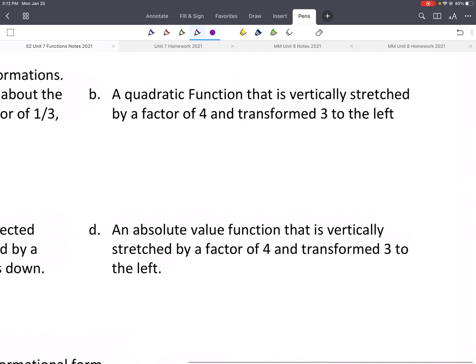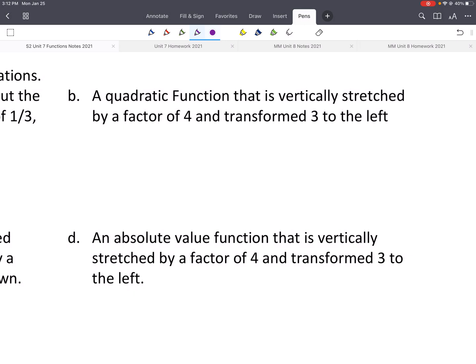Here's some others. I'll just write these down. If you want to practice, that'd be a good idea. Okay, so it's being vertically stretched by 4, and then it's moved to the left 3.